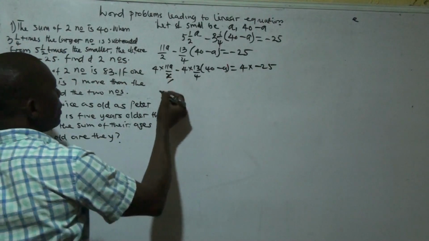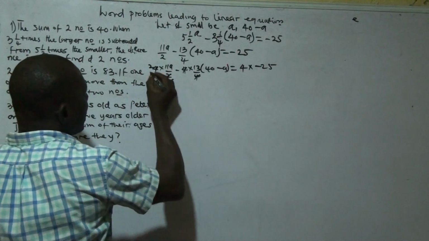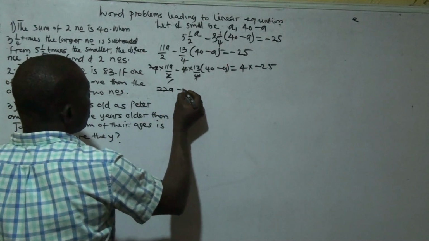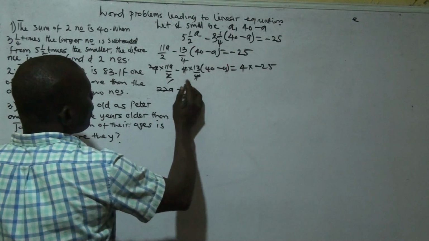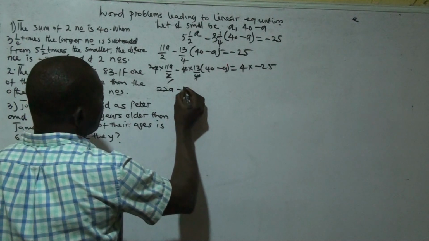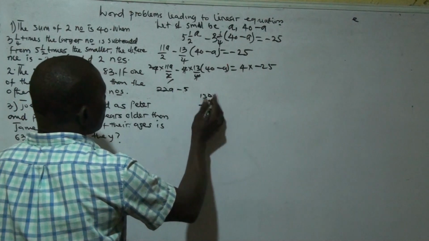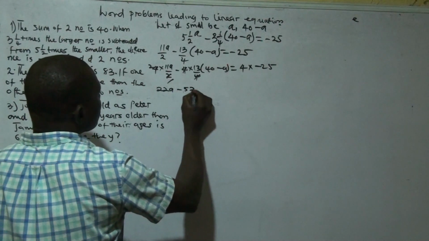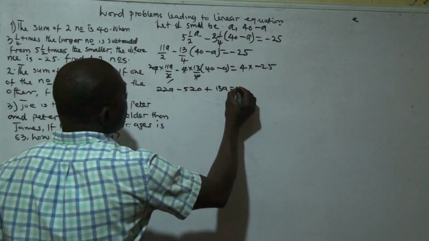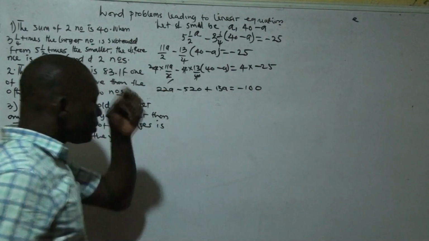Quickly, here 2 in 4 is 2, and 4 will go with 4. Here, 2 times 11A gives us 22A, minus 13 times 40. 13 times 40 gives us 520, so minus 520, plus 13A is equal to 4 times minus 25, which gives us minus 100.